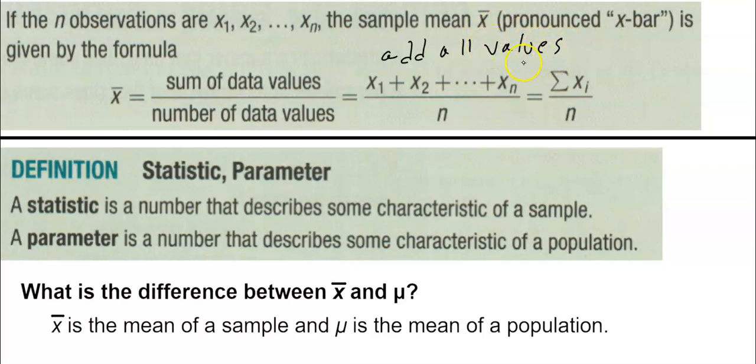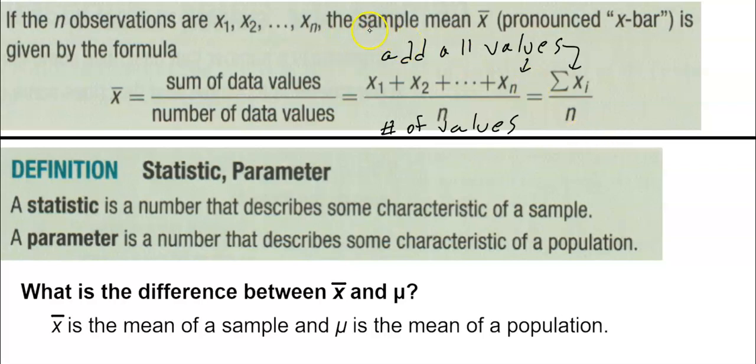We're going to add the values up right here. That's what this means: that sigma means add everything up. And this is the number of items. And that will give us one number to describe an entire data set.